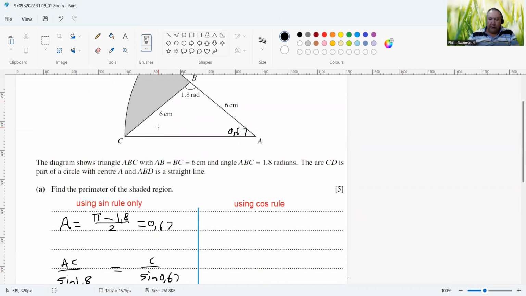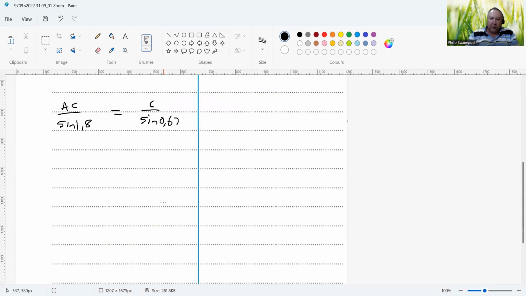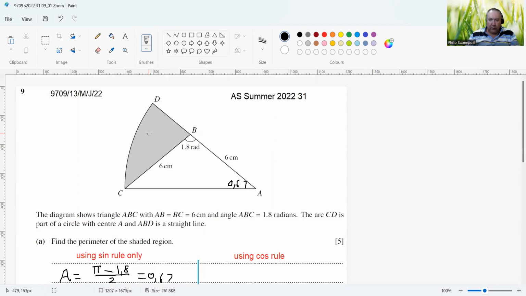Using this, we rearrange our formula slightly to make it 6 sin 1.8 over sin of 0.67, which is a total of 9.40. Now we're going to use that to find the length of the curve.